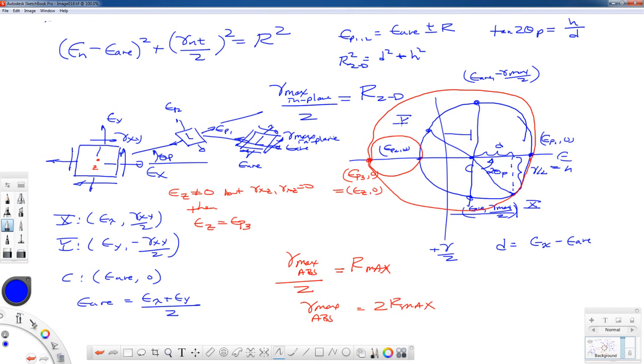So I went through that real quick, but we have a lot of experience with Mohr's circle already. Again, everything is the same except for that gamma over 2 that shows up in each one of these terms. Let's do an example, and I think we'll see how this Mohr's circle works.